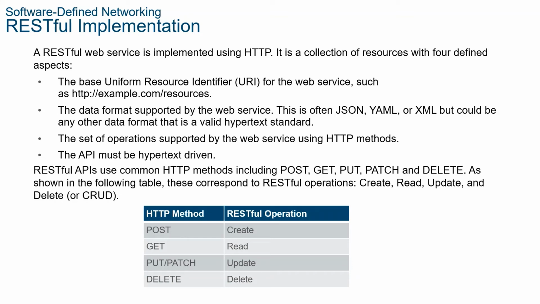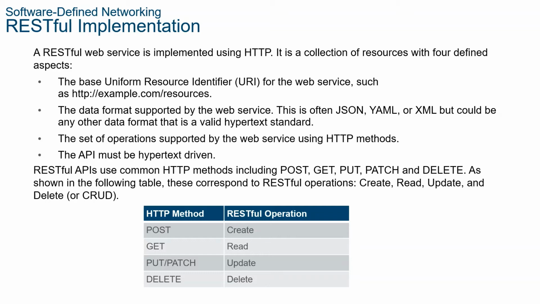Now, let's talk about the RESTful implementation. A RESTful web service is implemented using HTTP. It is a collection of resources with four defined aspects. First, the base uniform resource identifier, or URI, for the web service, such as http://example.com/resources.